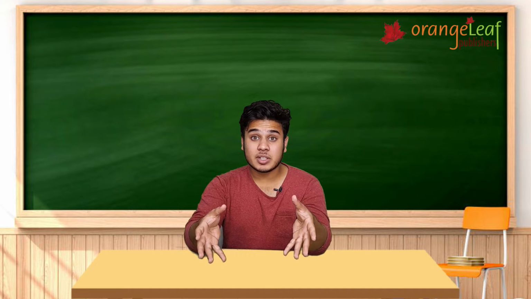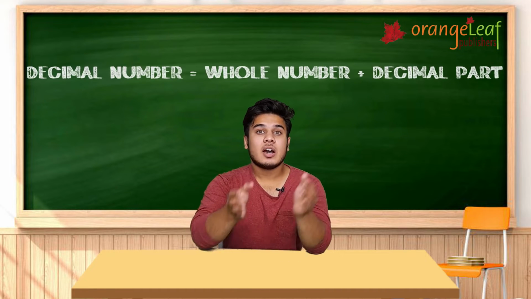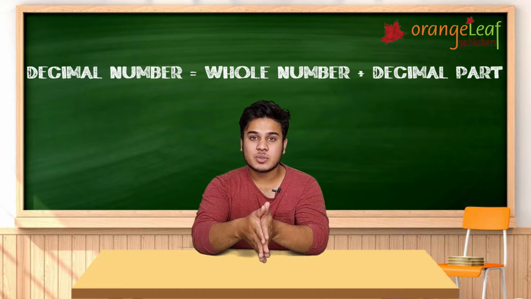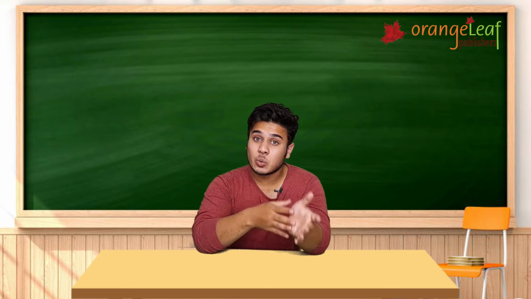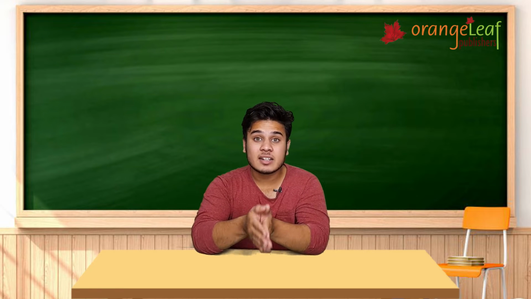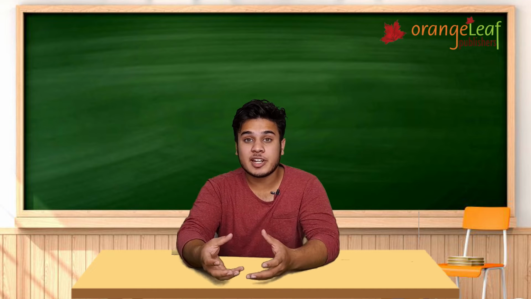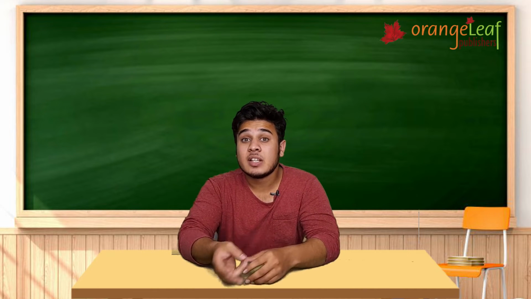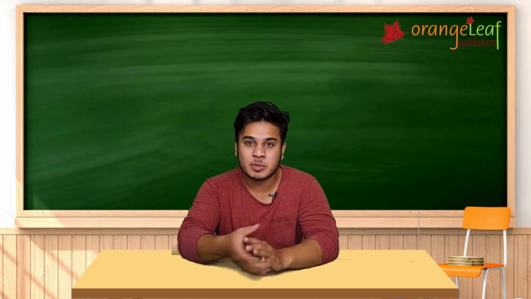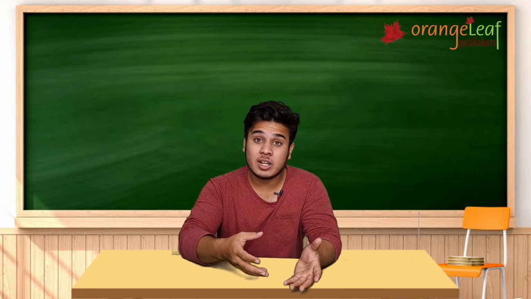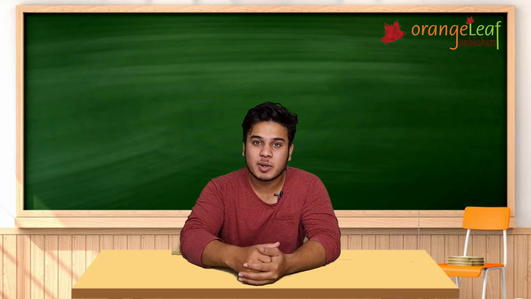A decimal number consists of a whole number and a decimal part. So, you need to circle the whole number and underline the decimal part. Now, as we know, every decimal number contains two parts, the whole number and the decimal part. So, let's circle the whole number and tick the decimal part.